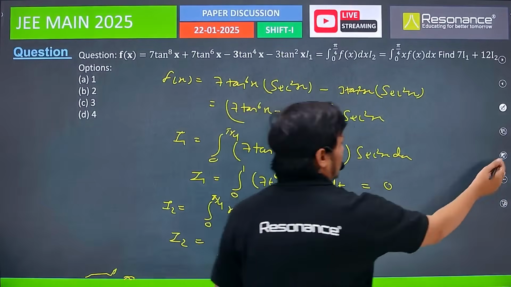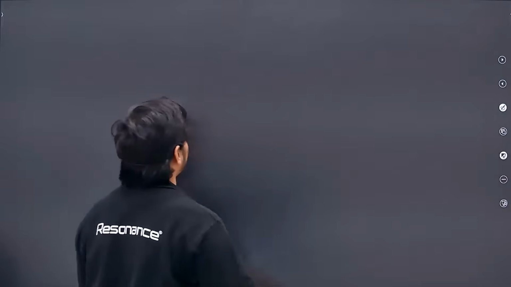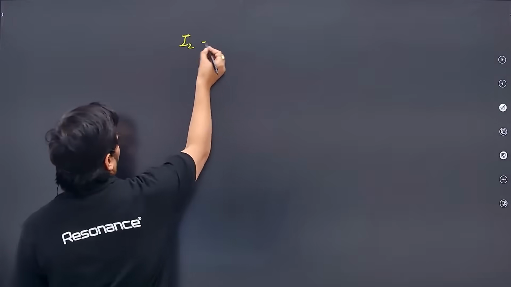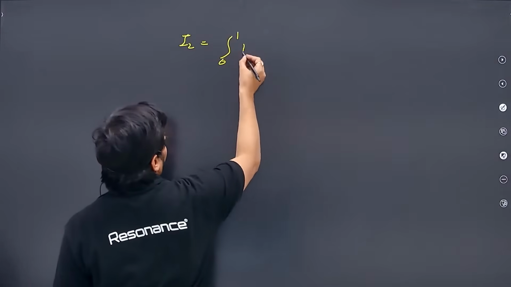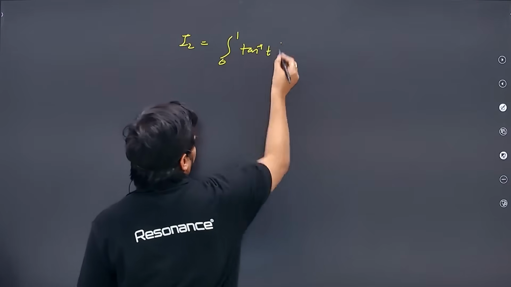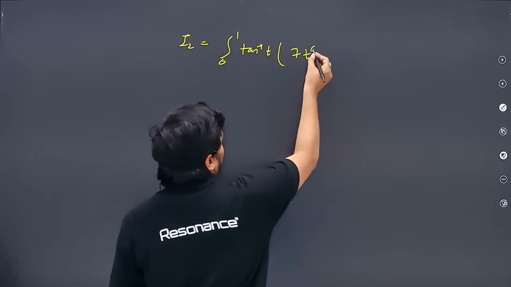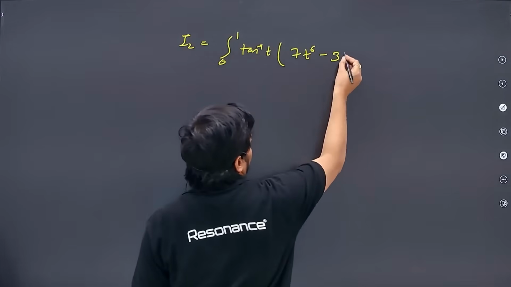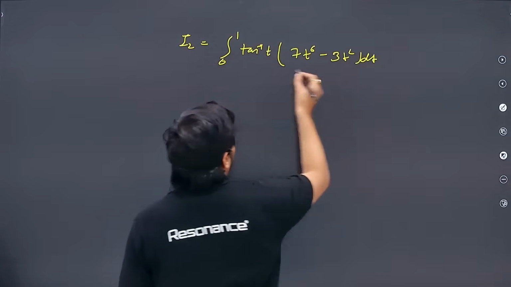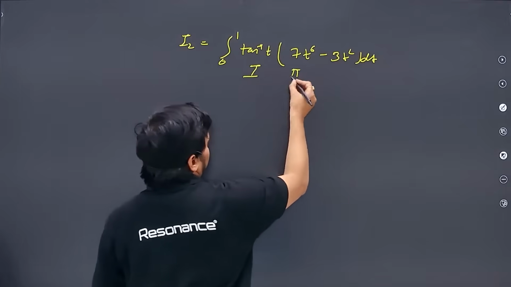Is there 3t²? Correct. Okay, so again I2 = ∫ from 0 to 1 of tan⁻¹t (7t⁶ - 3t²) dt. We are using this one as first and this one as second.